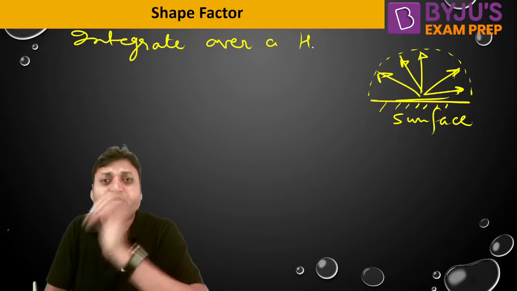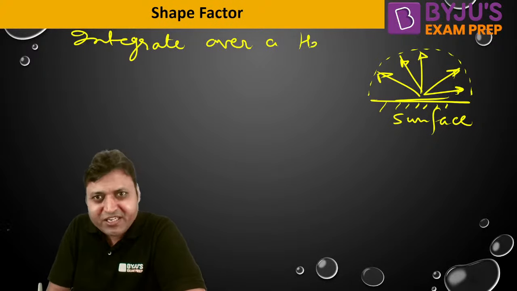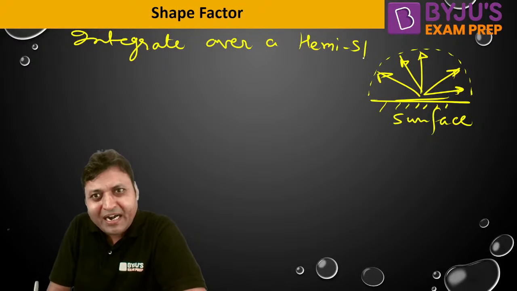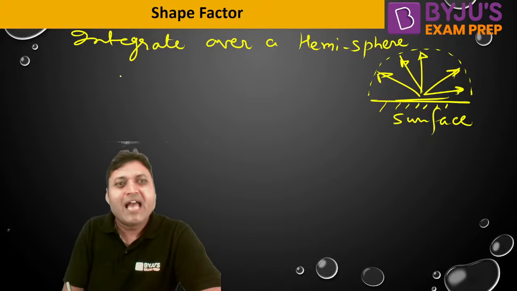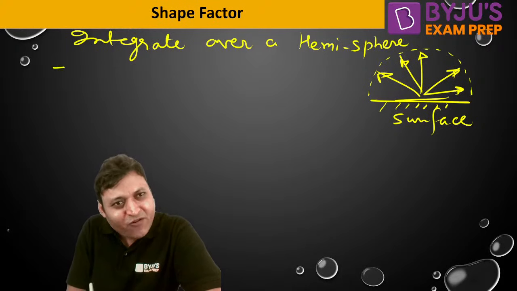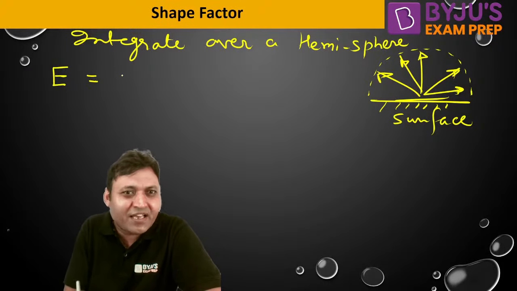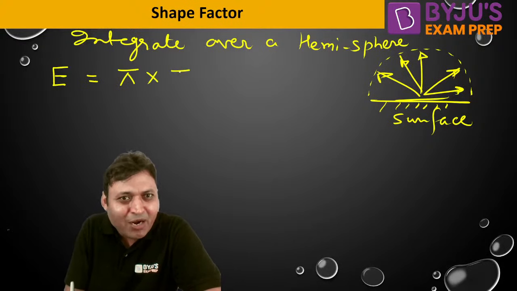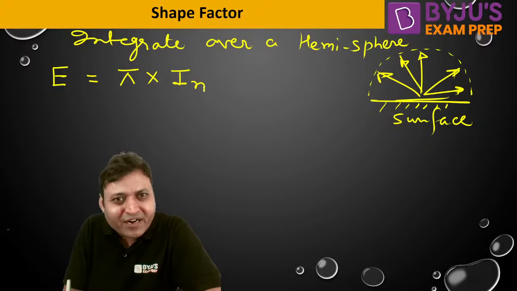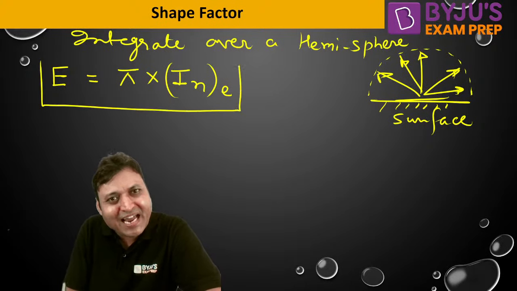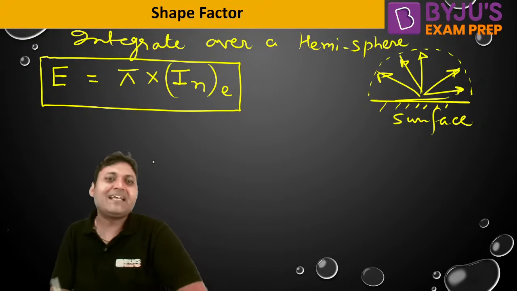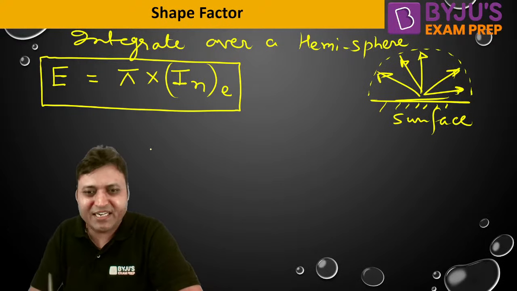I am not getting into the technicalities or the derivation part, but you need to understand, if we integrate over a hemispherical region, then we can say the total emissive power of a real surface is pi multiplied by intensity of radiation for emitted radiation. That is the relation, pi times the intensity of radiation.